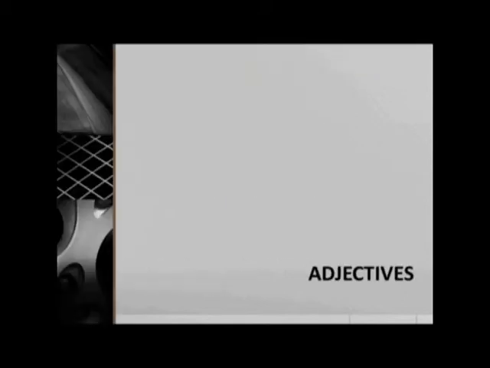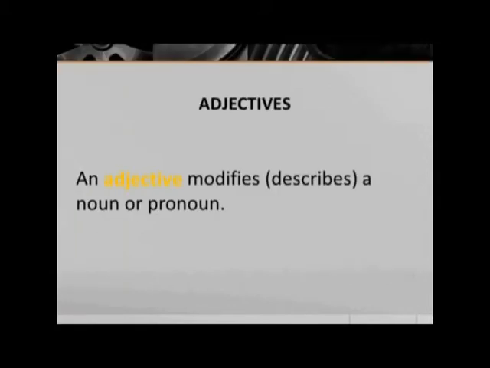Now, let's look at another part of speech, the adjectives. An adjective modifies or describes a noun or pronoun. We're going to use the color yellow to represent adjectives.